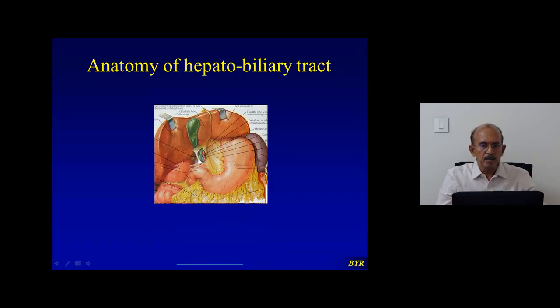So the extreme free border has these portal triad structures. Can you tell me how the portal triad structures are arranged? The portal triad means three structures. In one of the previous classes, we have discussed that. What are they? What are the structures?